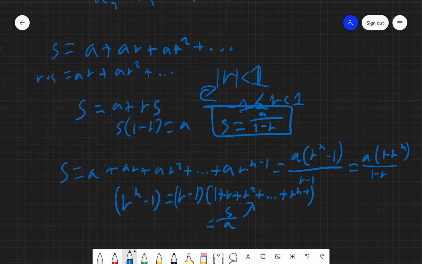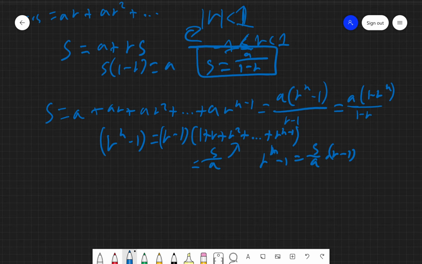So what we have here is that R to the N minus 1 equals S over A times R minus 1. Wow, we can divide by R minus 1 and then multiply by A to get S is equal to R to the N minus 1 over R minus 1 times A. Oh my god, that's so crazy.